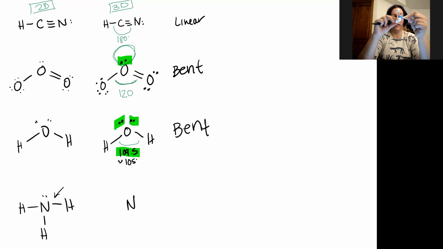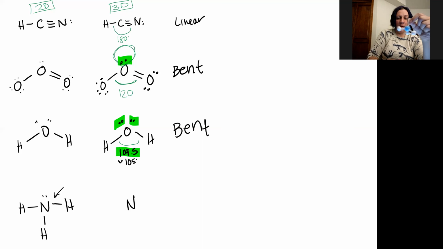I can't really quite move them, but they all come closer together this way. And so that means this bond angle changes. Since I have 1, 2, 3, 4 things taking up space around this central nitrogen, the bond angle is going to be close to 109.5. That lone pair takes up more space than this hydrogen, and so it's actually more like 107.